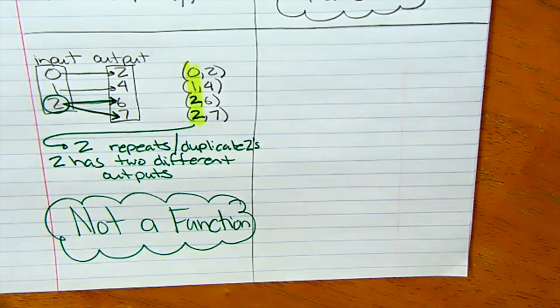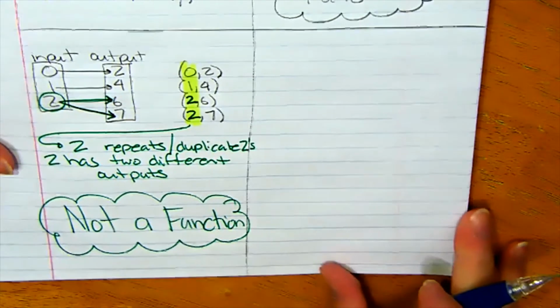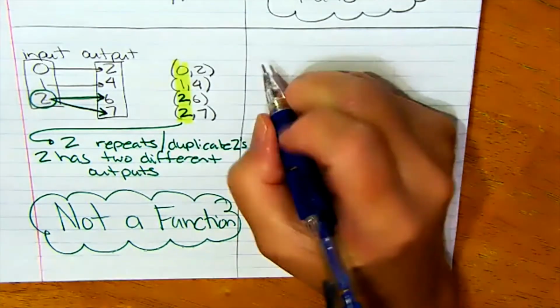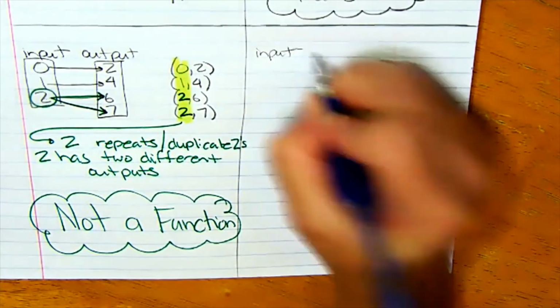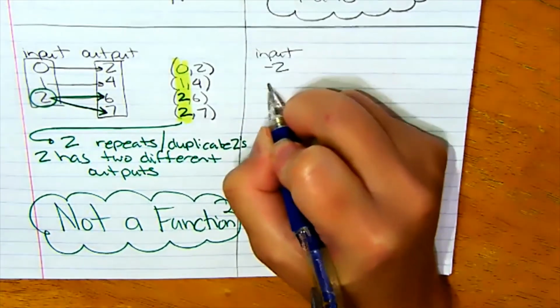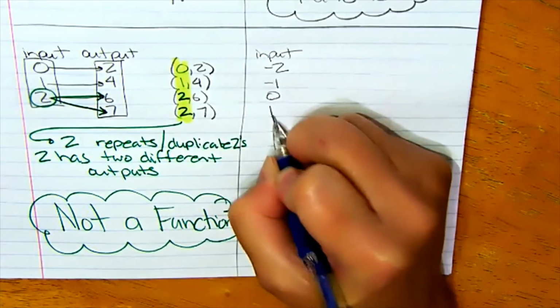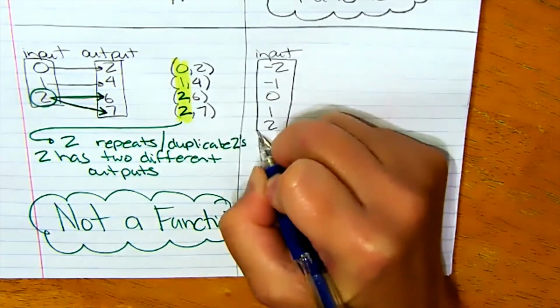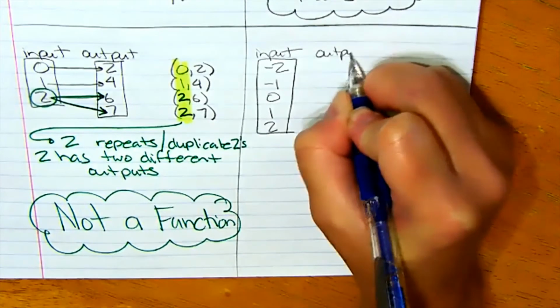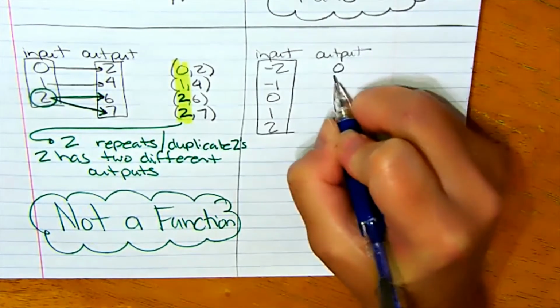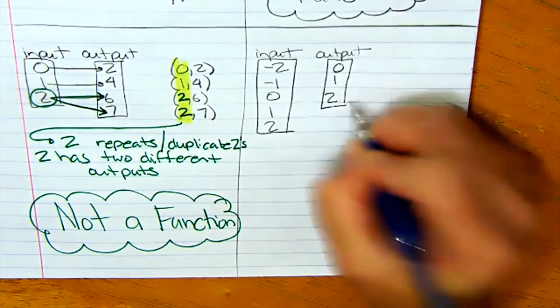Okay, let's take a look at one more. Input, -2, -1, 0, 1, 2. Output, 0, 1, 2.